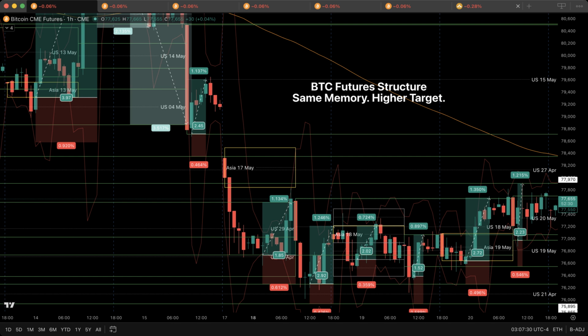The May 19th U.S. lower boundary answers that question. If price loses both the current lower boundary and that prior lower boundary, then the support stack has failed. The long no longer has clean ground underneath it. The overlap that helped the trade now turns against it. So the stop belongs there.